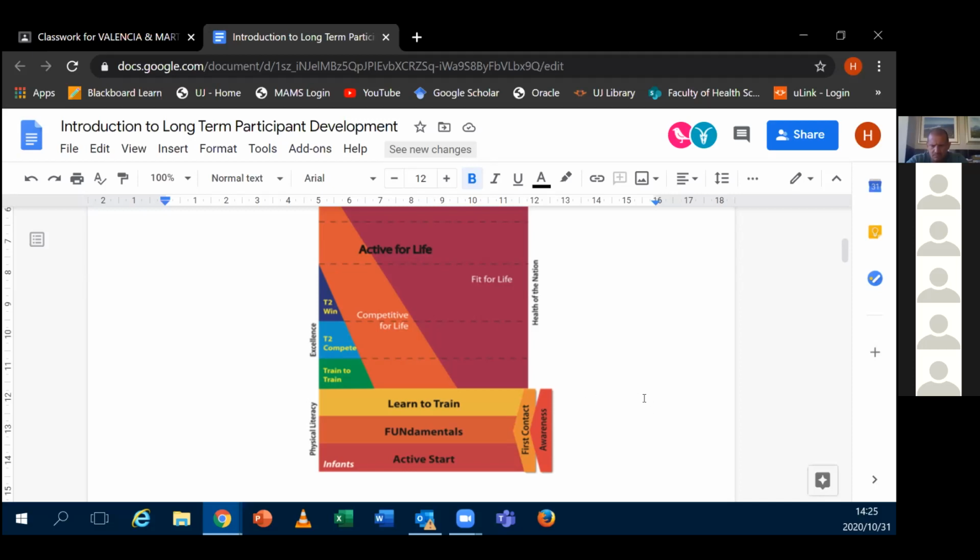You're a fundamental movement coach. And if you can incorporate some of those fundamental movements, your running, your leaping, your hopping, your galloping, your diagonal movements, moving backwards, forwards, all of those kinds of fun things that you can do in the warm-up, this all assists in them developing their physical literacy.